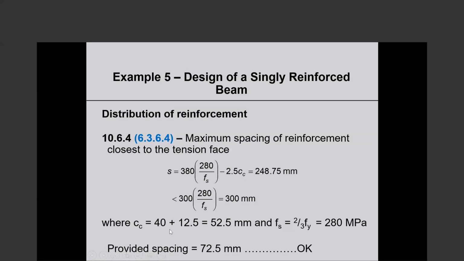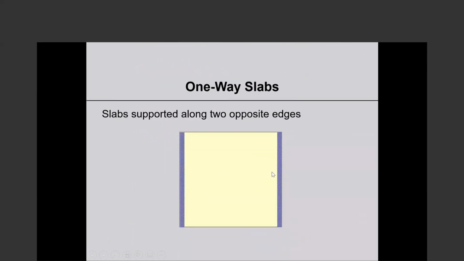So 40 millimeters of clear cover plus half the bar diameter, that is C sub C. Okay. So we have provided a spacing of 72.5 millimeters. That is way below the maximum that we are determining. So we are quite okay with the spacing of reinforcement.